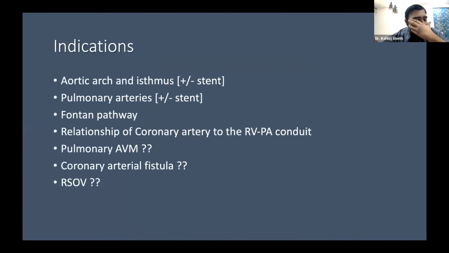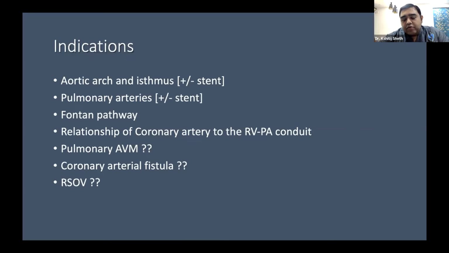So where can this be used other than coarctation? It is usually used for most of the tubular structures, I would say. It could be used for coarctation during stenting or during balloon dilatation, to interrogate the pulmonary arteries for branch pulmonary artery stenosis with or without stenting. In Fontan pathway, it can be used for closure of the Fontan fenestration.